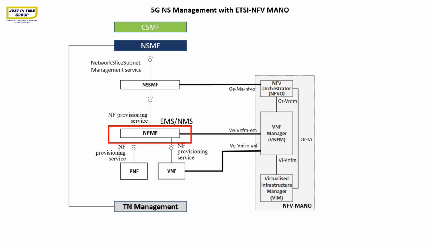In network slicing terminology, the NFVO will interact with the network slice subnet management function. This is because the NFV infrastructure, the NFV MANO architecture, is considered a subdomain. So the network slice subnet management function, whatever the application that you have from that specific vendor, should interact with the NFVO. Or if it is a cloud native infrastructure, then you will have to interact with the container orchestrator, or maybe some sort of cluster manager.